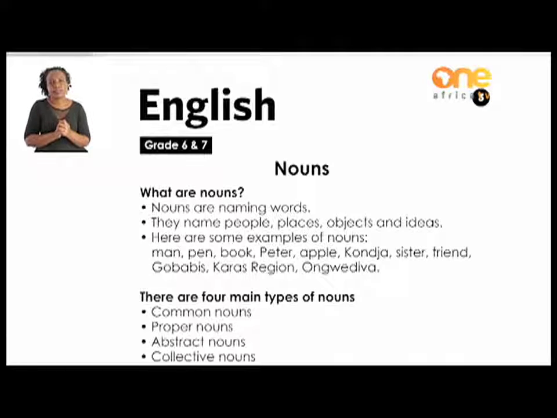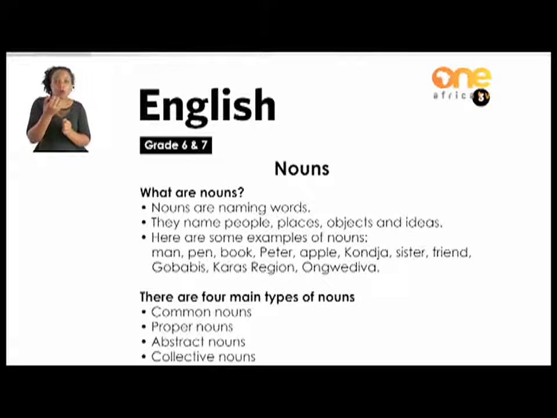They name people, places, objects, and ideas. Here are some examples of nouns: man, pen, book, Peter, apple, conjure, sister, friend, Hubabis, Karas region, and Ongwediva.